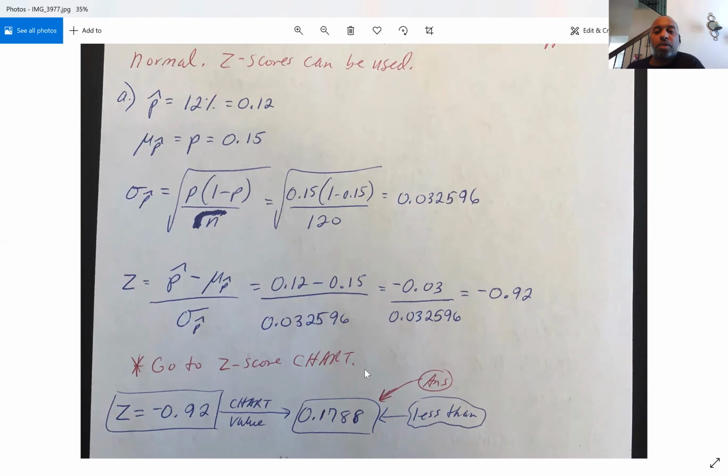Once you have your z-score, you go to your z-score chart, and the chart would yield the value of 0.1788. Remember, the chart always yields the proportion that's less than.